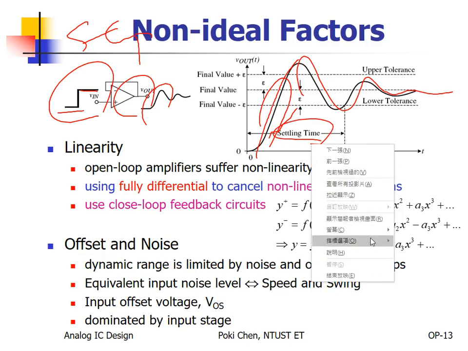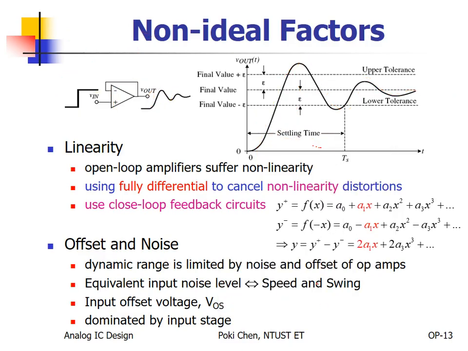Settling time means the time for your output to settle down within 10% of the final value. Within 10%, so you can see, look here, this is the settling time. Because positive and negative, usually 10%. The spikes: the peak is over positive 10%, so this is not your settling time.